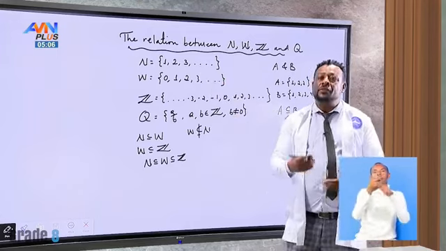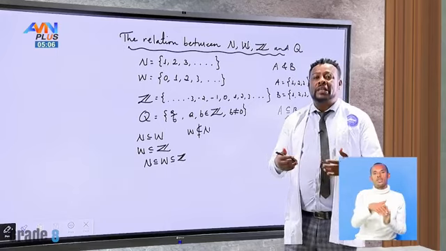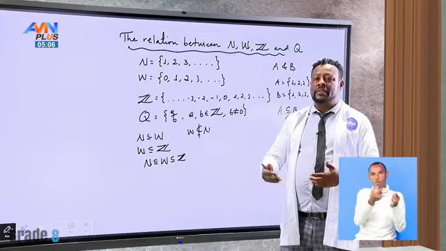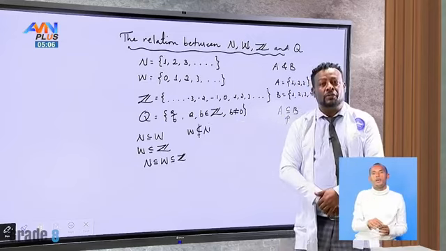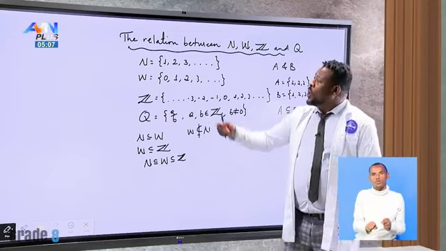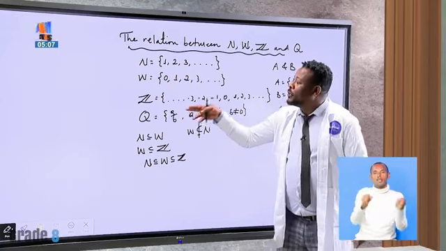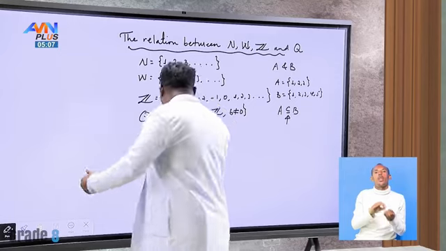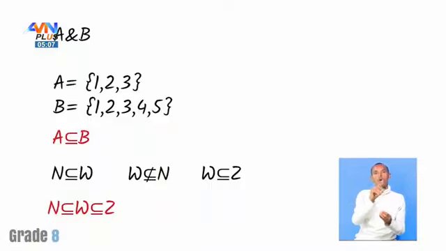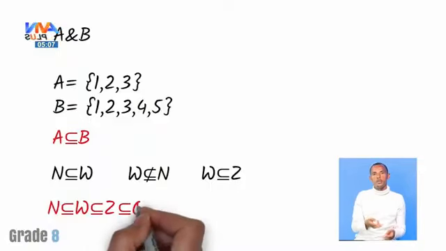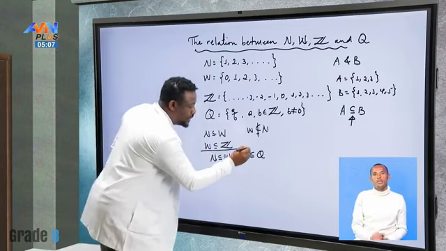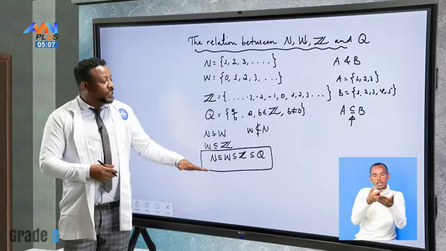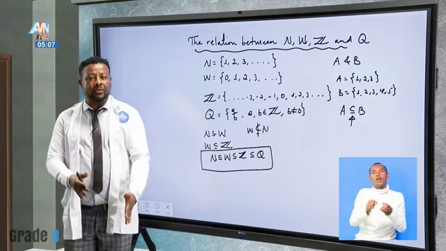There are different ways to represent 3. 3 can be written in infinitely many different ways in fractional form, right? So all these 3 sets are included in the set of rational numbers. So we can add one more relationship. So this is the relationship between these 4 sets of numbers, right?